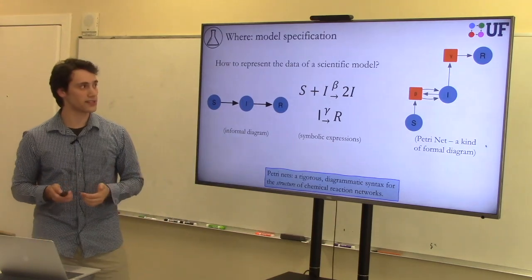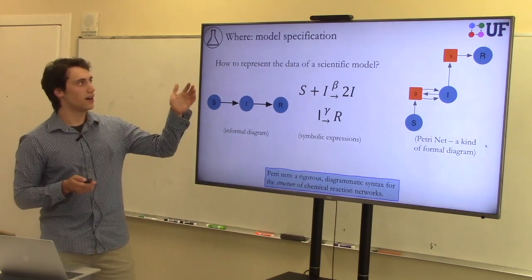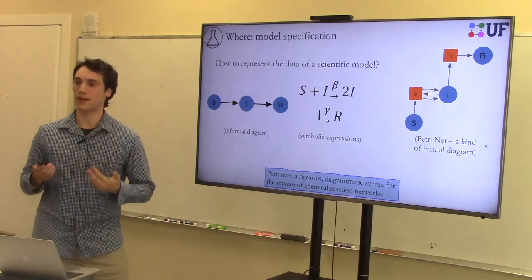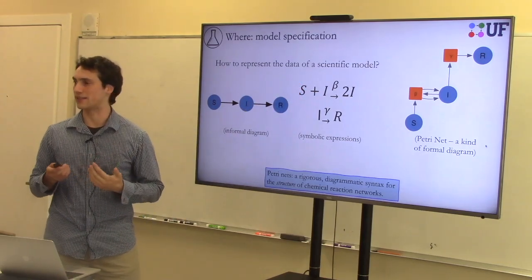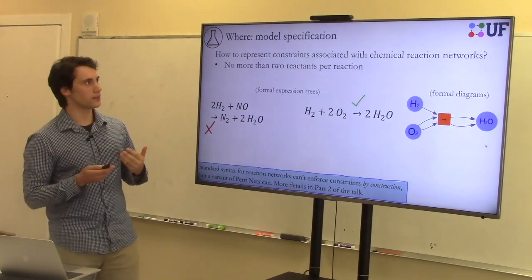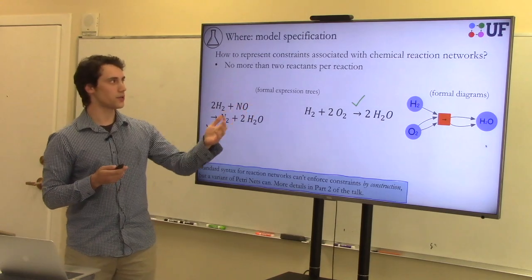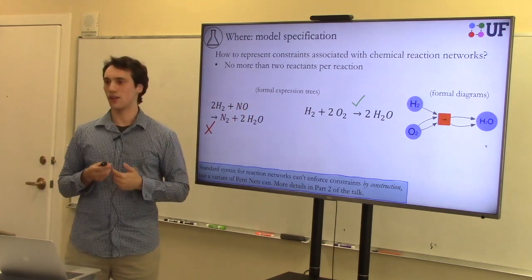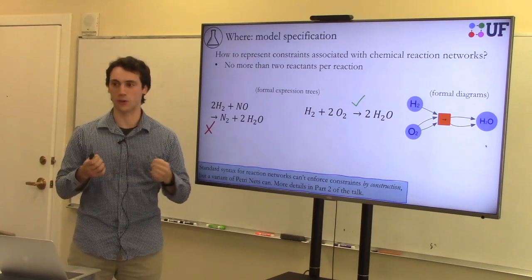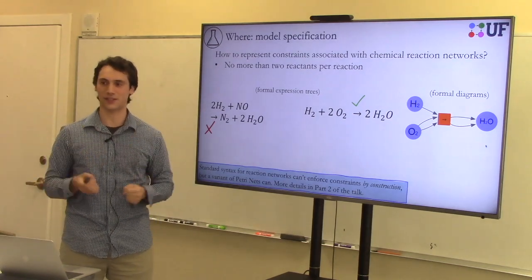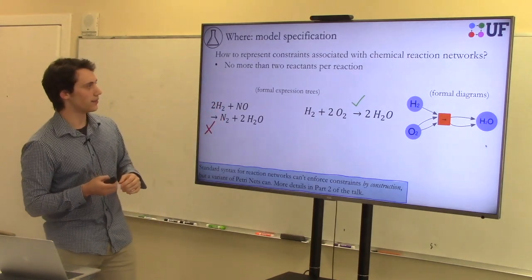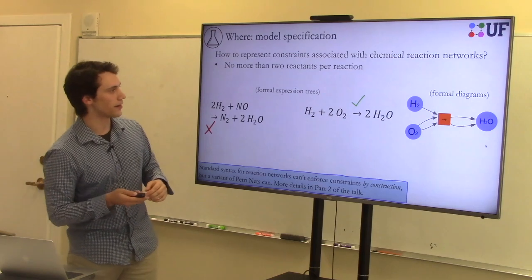And we'll especially see that now when I talk about if our model has certain constraints. So let's say we want to restrict the number of reactions that we're actually considering. For example, with a chemical reaction network for gas phase, we often only care about reactions that have two things hitting each other at once, or one thing. If you have three things hitting each other at once on the left-hand side of a reaction, that's not valuable.